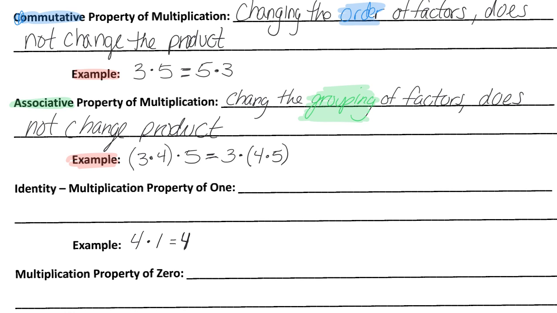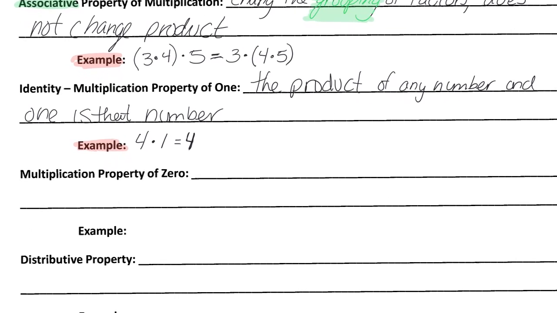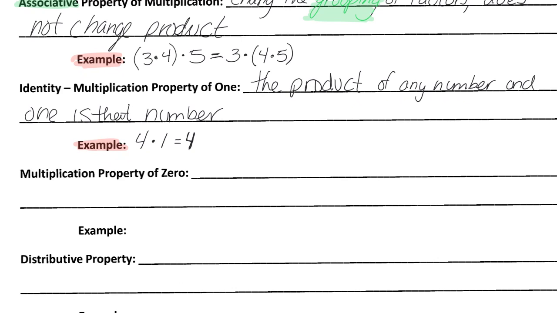But we'll put it into fancier terms, which says the product of any number and 1 is that number. That's exactly what I said down here, in that 4 times 1 gives you itself, or gives you 4. So a number times 1 is that number.